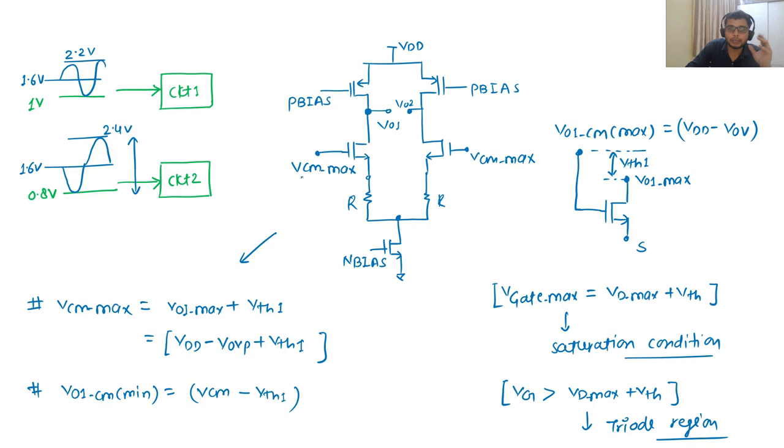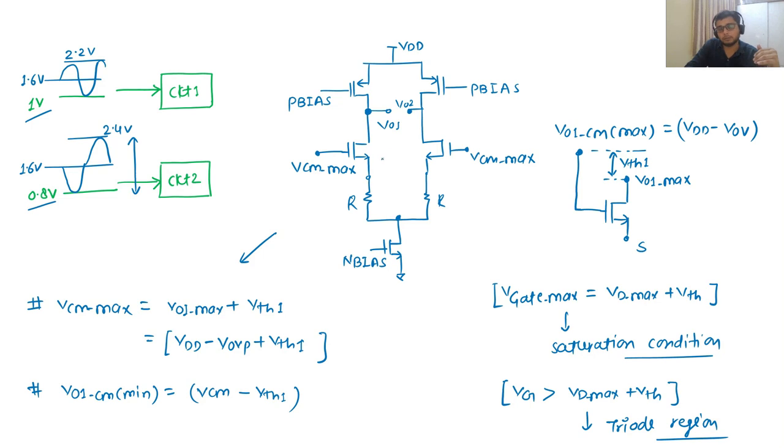Let's say I am biasing my input transistor just at the edge of the minimum common mode, which is 0.8 in this case and 1 volt in this case, which is simply this overdrive plus this IR plus this VGS. If I am biasing my input pairs at that minimum value, then the output minimum value is nothing but 1 VT down.